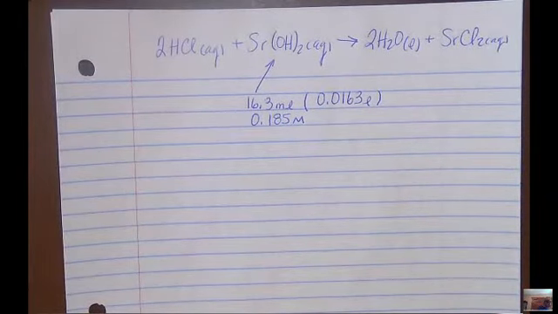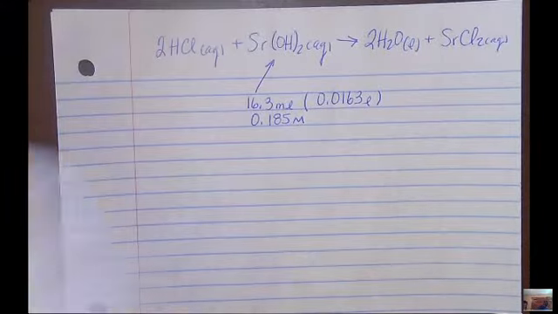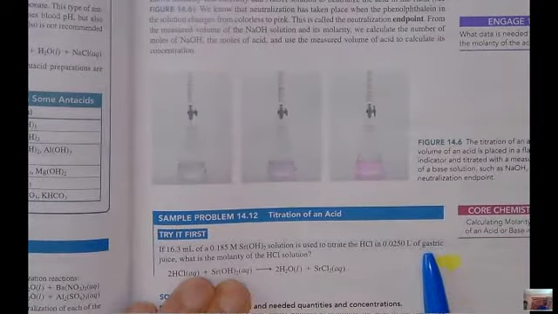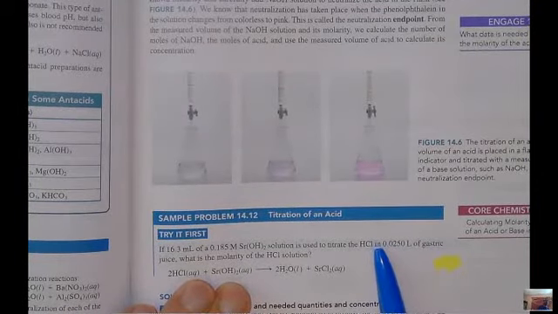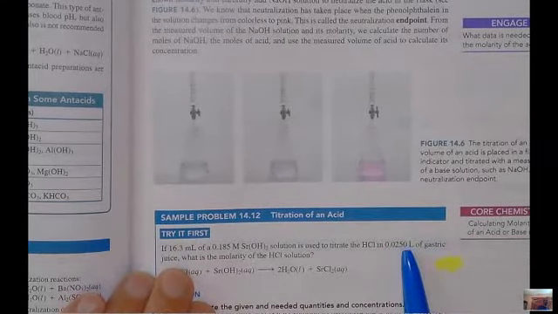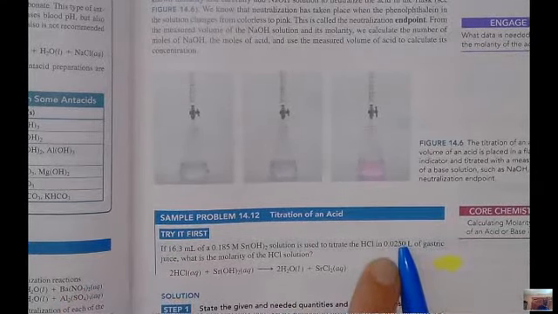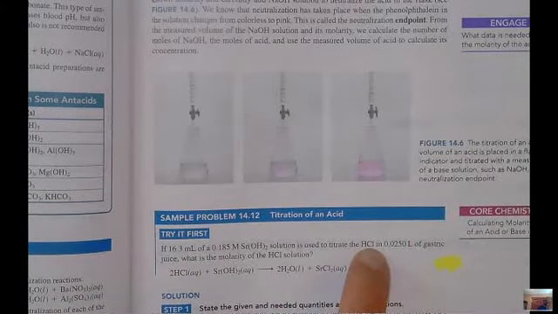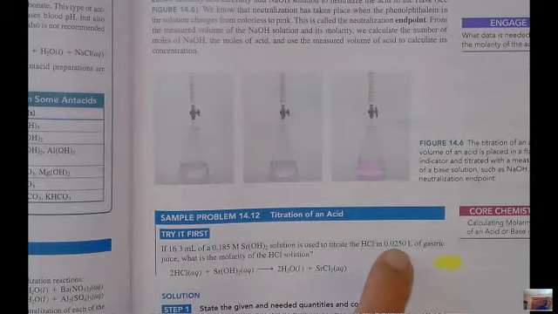Okay, so that's what I know about the strontium hydroxide. Okay, what do I know about the HCl that's in the stomach acid, right? So the acid in your stomach is the strong acid HCl. Okay, well, they took some gastric juice. How much did they take? They took 25 milliliters of it and they gave it to you in liters. So you want to titrate the HCl and they gave you its volume, right?